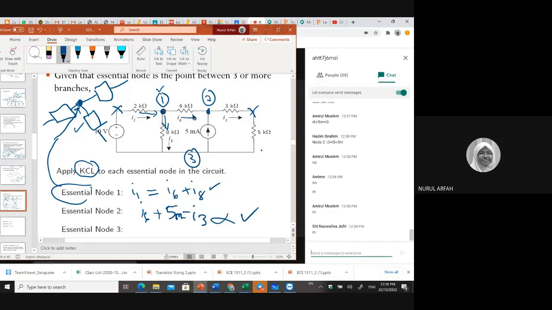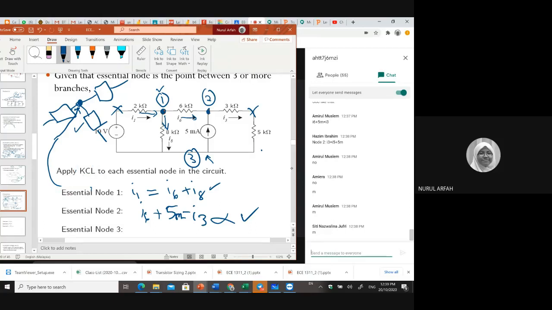Yes, good. Okay, what about node number 3? Essential node number 3. Okay, you can write down the answer. I think all of you should write something, so that we can check whether our assumption is correct or wrong.